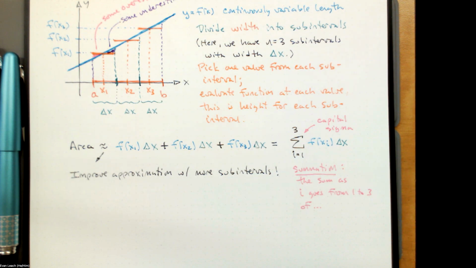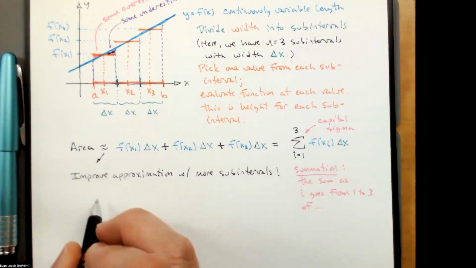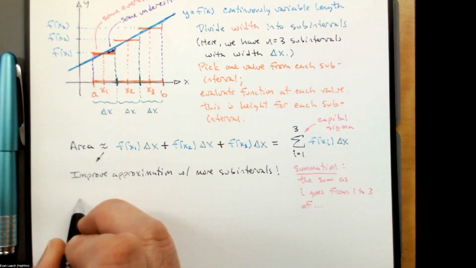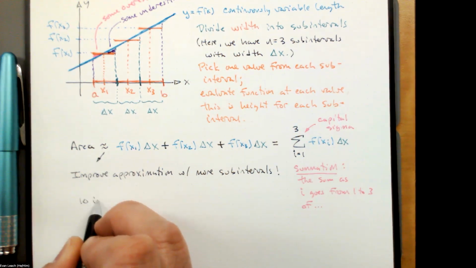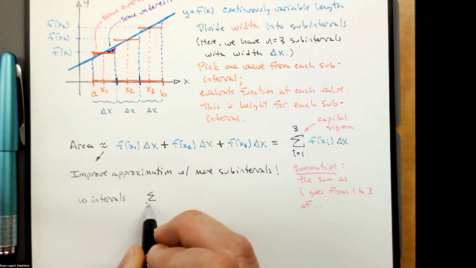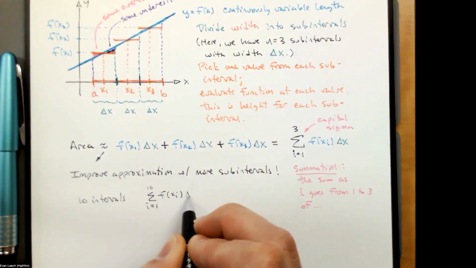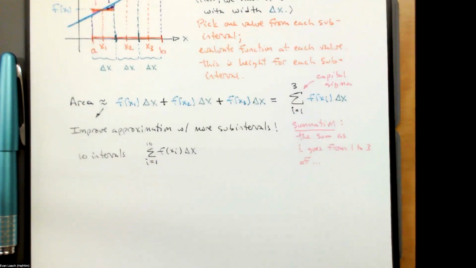We improve the approximation by using more subintervals. Maybe we use 10 intervals. So I'd write the sum as i goes from 1 to 10 of f at xi delta x.